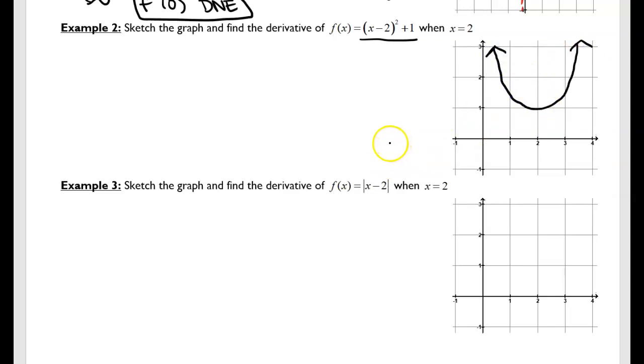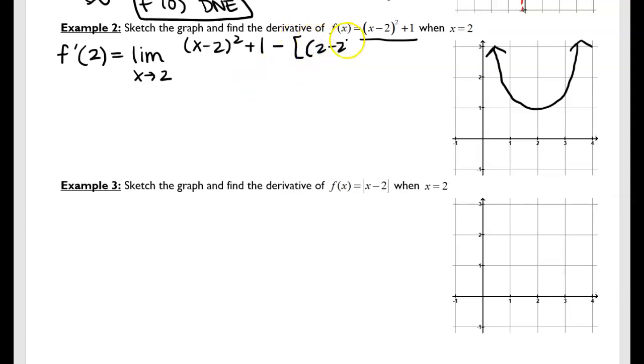I'm trying to find the derivative of f when x equals 2. Again, I'm going to use my same type of formula, so I'm finding f prime of 2 here. That's the limit as x approaches 2 of f of x minus f of 2, which would be 2 minus 2 squared plus 1, or just 1 when you simplify that, all over x minus 2.